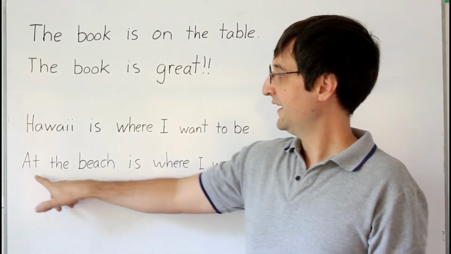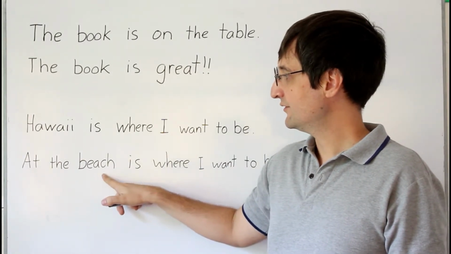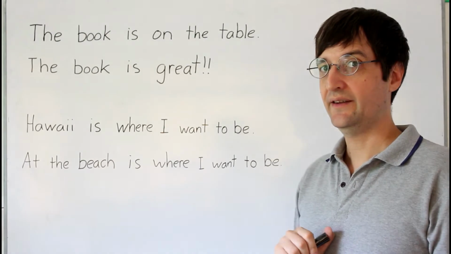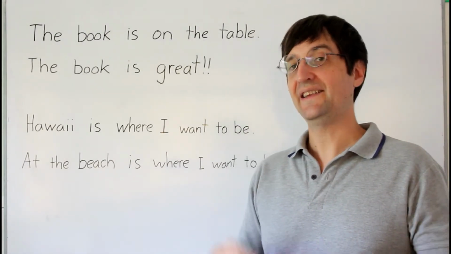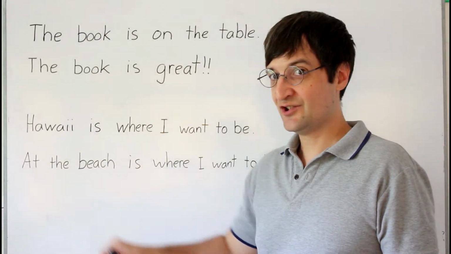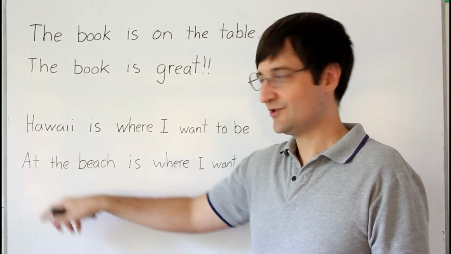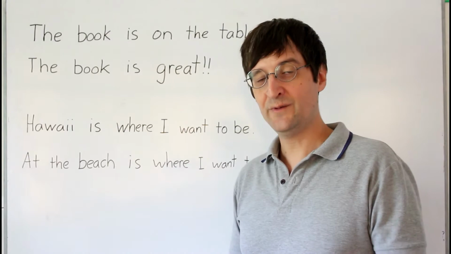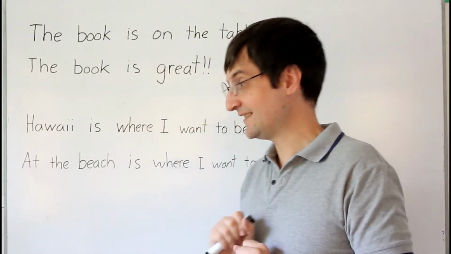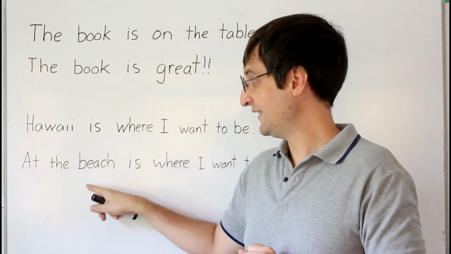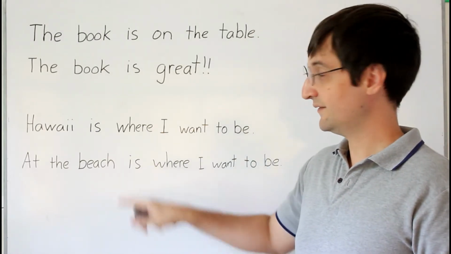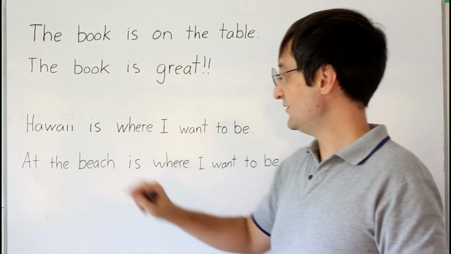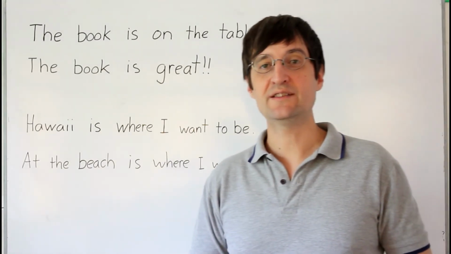So here, let's look. At the beach is where I want to be. In this sentence, at the beach is acting as a noun. This prepositional phrase, at the preposition plus the beach, the noun the preposition is sticking into the sentence, is acting as a noun, as the subject of this verb to be. At the beach is where I want to be.